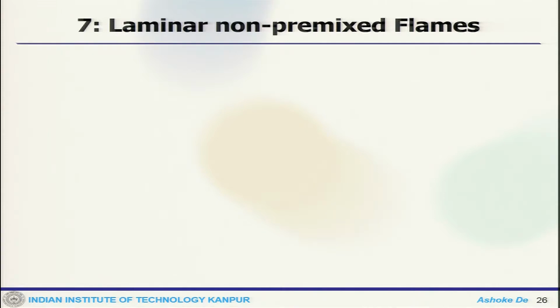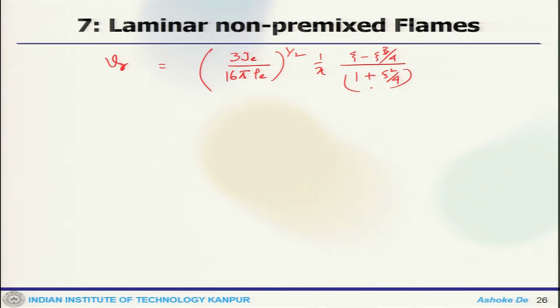Now, similarly, for radial velocity, the solution is square root of 3 J e by 16 pi rho e, 1 by x, times xi minus xi cube by 4, over 1 plus xi square by 4 to the power whole square.